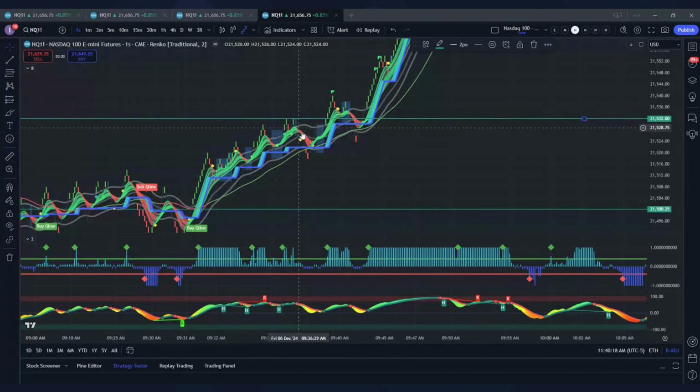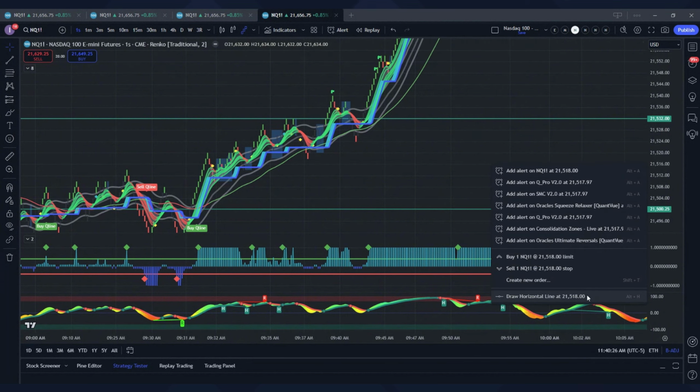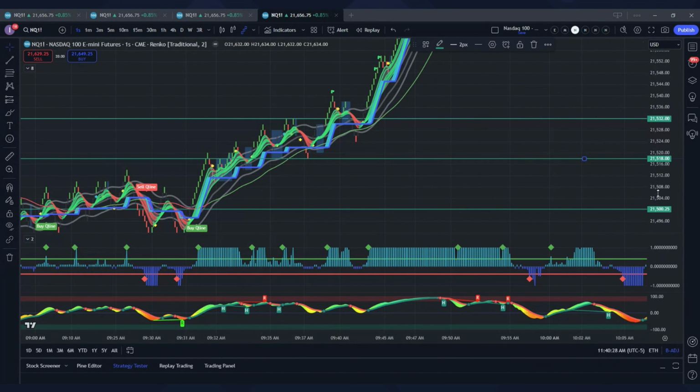And from 532 to 518, that's a 14-point pullback, right? Now, initially we start at 500, so the trade is still amazing. If you held from here to here, it's technically 18 points.